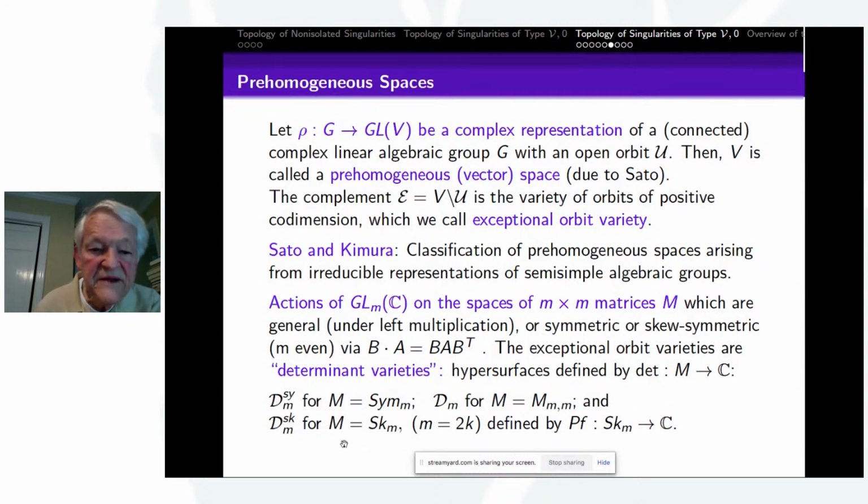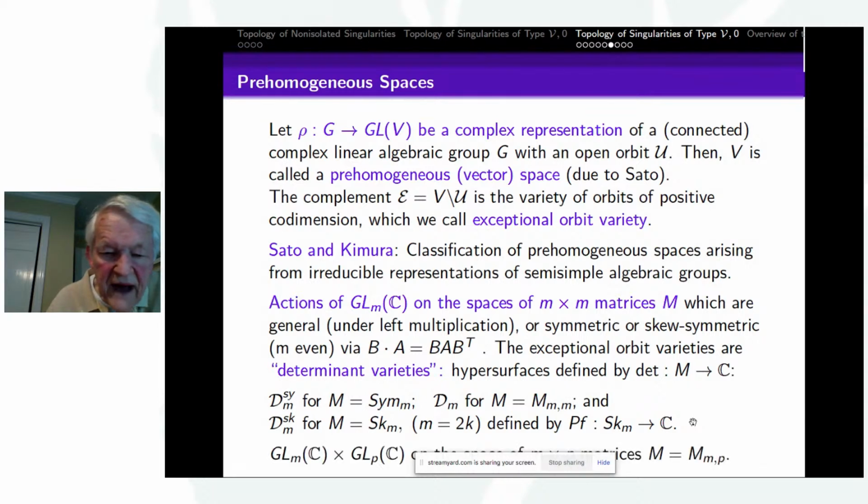But in the case of skew symmetric matrices, when M is 2K, instead, to get a reduced equation for the variety of singular matrices, you have to use the Pfaffian. So the term determinantal is fine, except when you start getting to these questions, and you start getting non-reduced structure when you use determinants, and you really have to go to the Pfaffians.